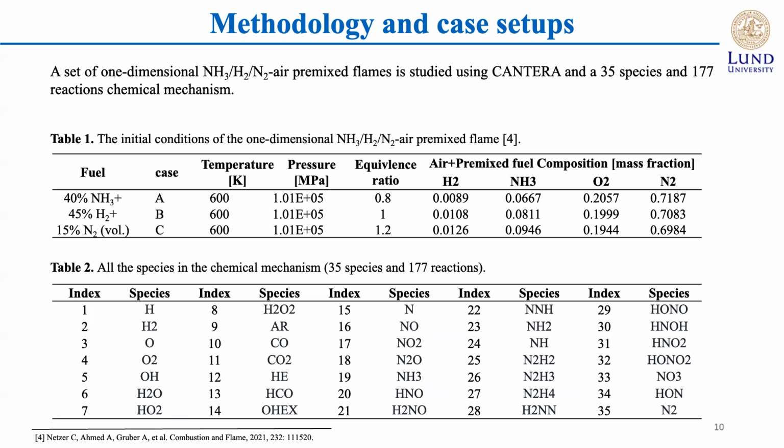We have 3 cases A, B, and C with the equivalence ratios of 0.8, unity, and 1.2. We use Cantera to solve the one-dimensional flame and get some chemical properties, and we use the current ANN method to generate a progress variable weight coefficient W.